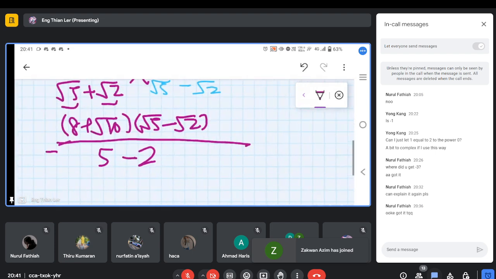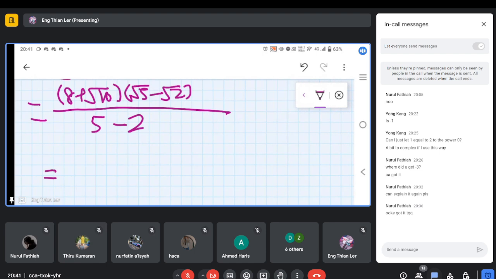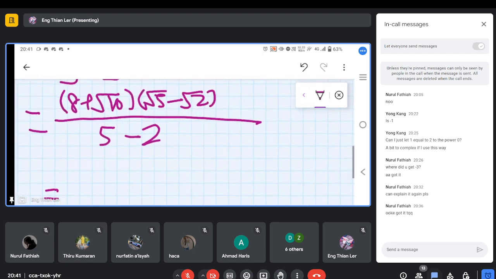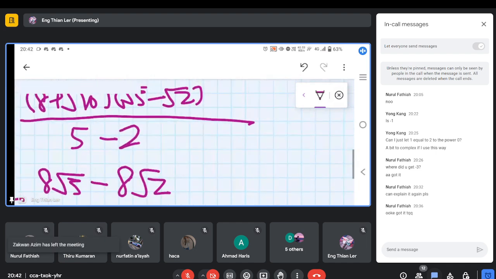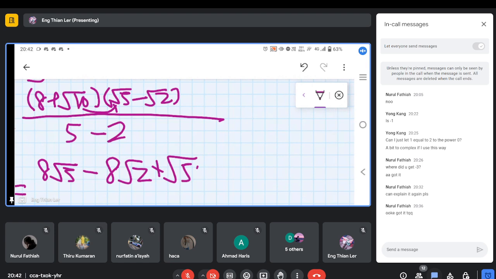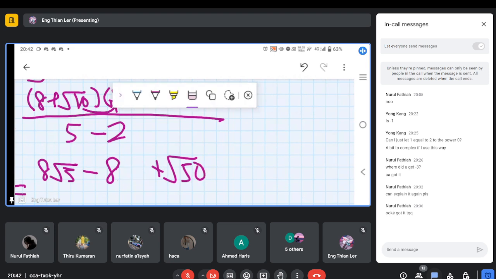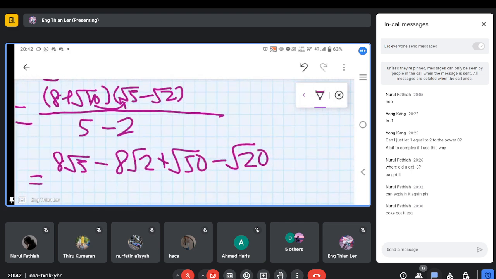Okay. Then another line. This time we focus on the top part first. 8 times root 5 is 8 root 5, plus 8 times negative root 2 is minus 8 root 2. Root 10 multiplied by root 5 is root 50. And root 10 multiplied by root 2 is root 20, by the law of surds.